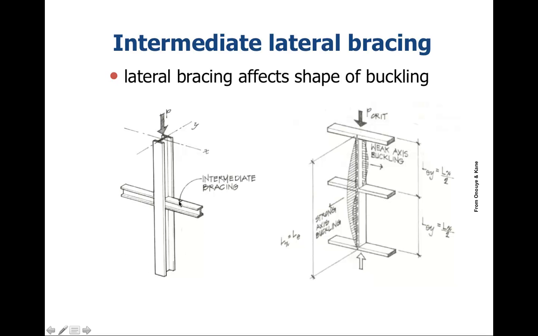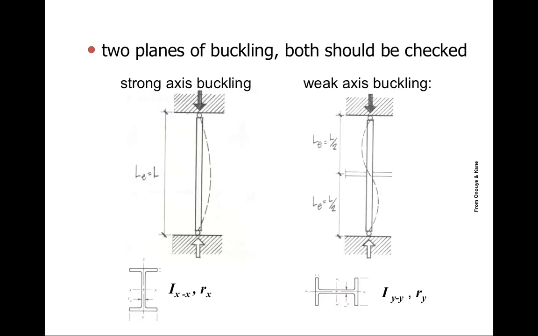If we brace it here, we've basically shortened the distance where buckling can occur. So now we have this distance, but not the overall distance. Effectively, we've shortened the length of the column with respect to its buckling response.